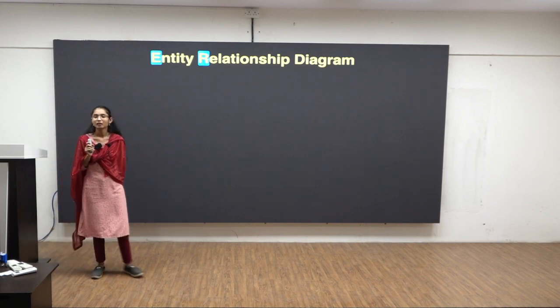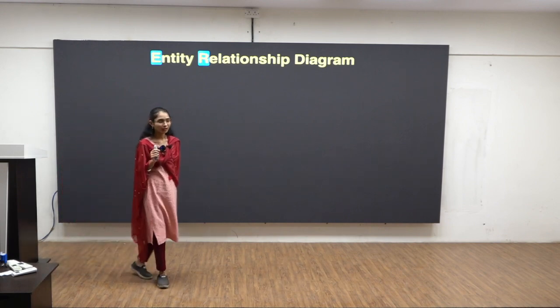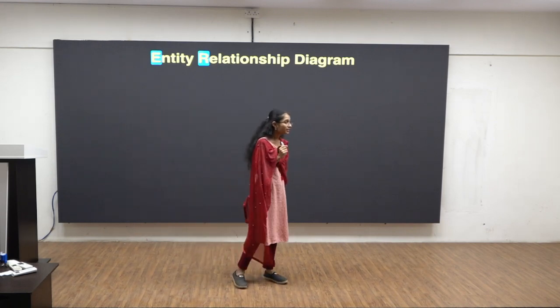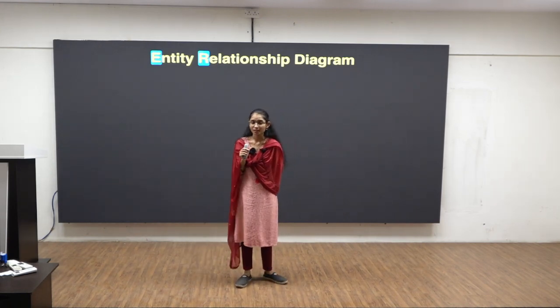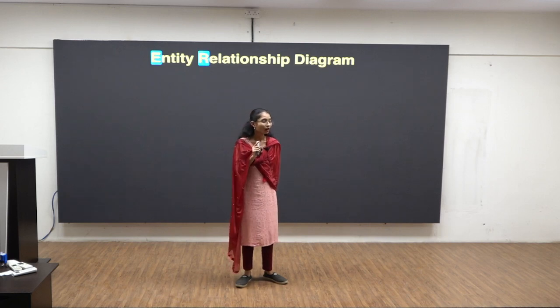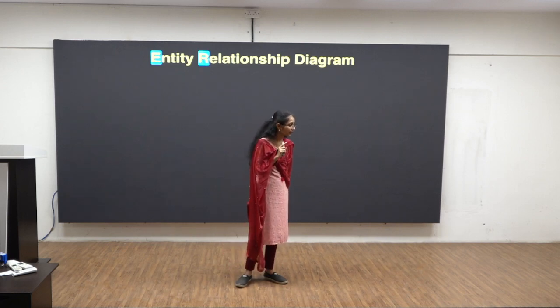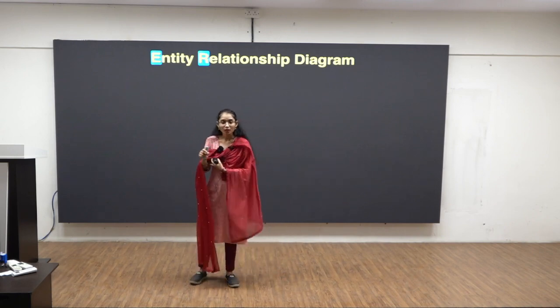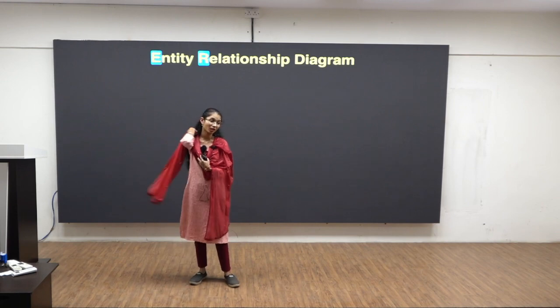Basically, an entity relationship diagram or ER diagram is a plan. It is a diagrammatic representation of how your data should be and how your tables should be: what the table name should be, what the column names should be, and how you have to construct it.